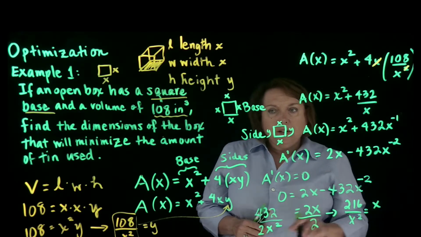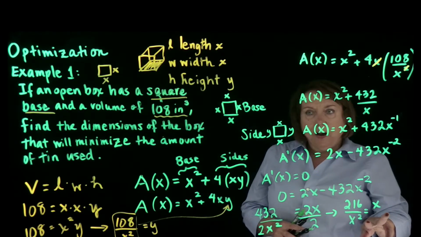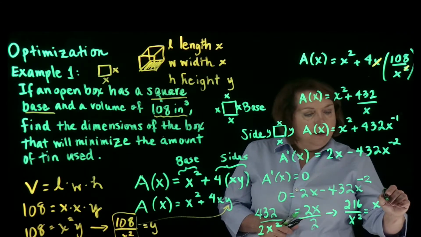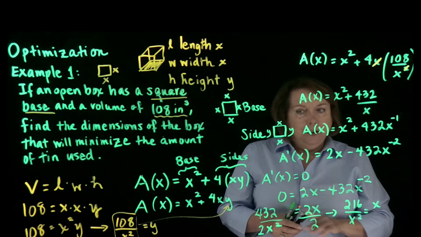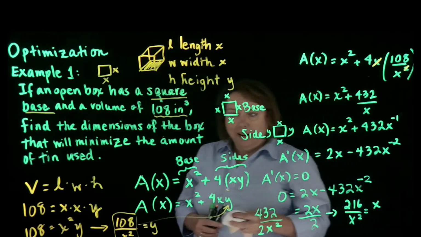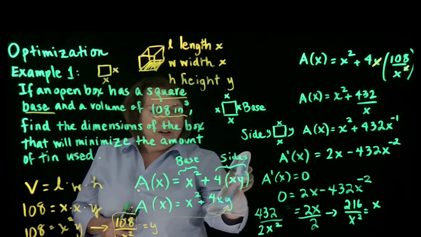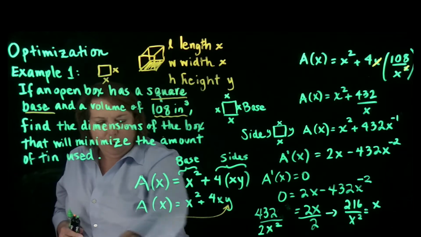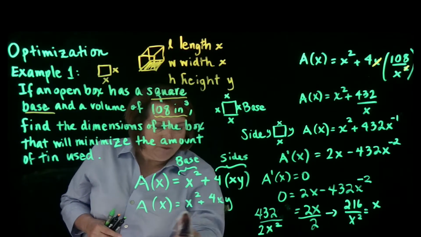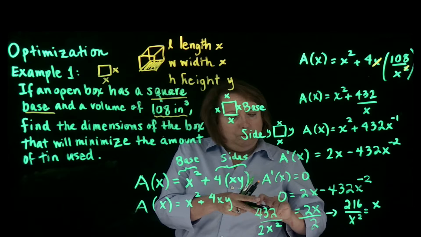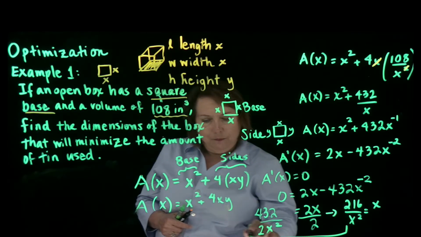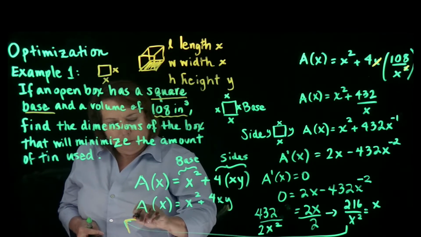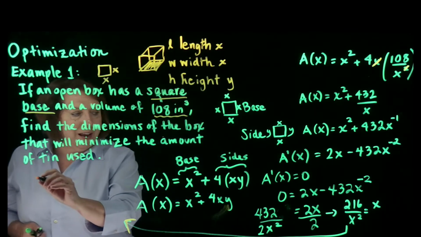And then how do we solve this equation? We multiply both sides by x squared. Let me go ahead and erase on the left side here so that I can continue and finish this problem. Let me make an arrow coming back over here. Let me work with my orange marker again.